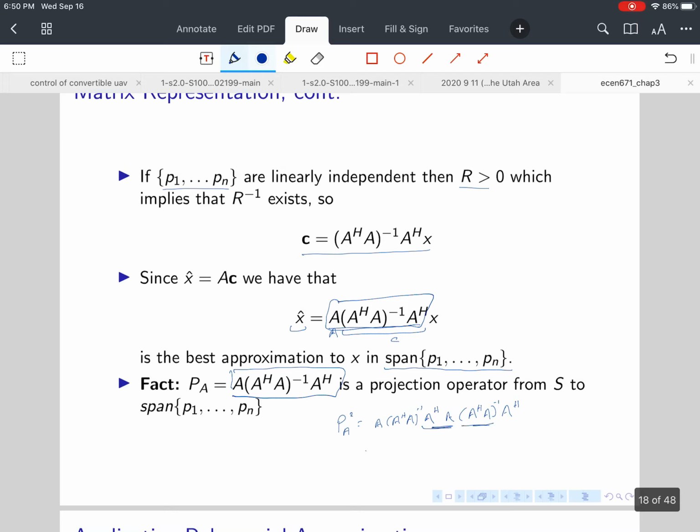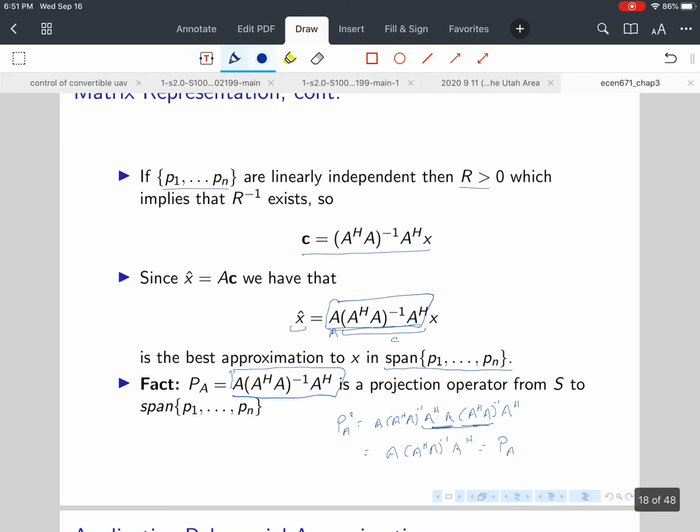Notice here's an A^H A times (A^H A) inverse, so that's identity. So we'll have A (A^H A) inverse A^H, and that's just P_A.